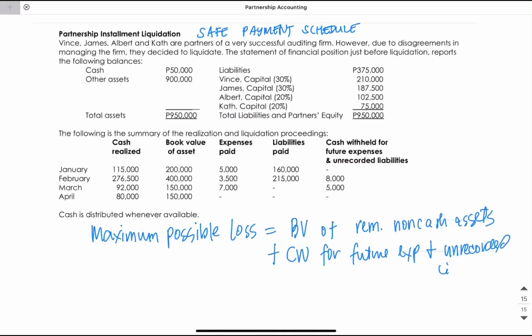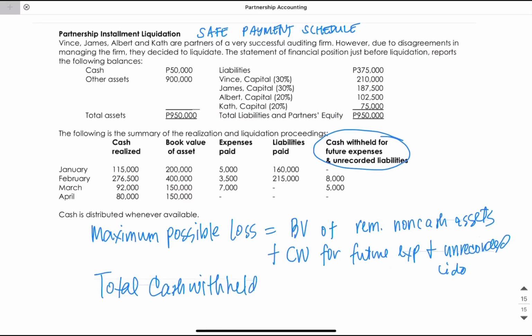Okay, so actually this one, cash withheld for future expenses and unrecorded liabilities. Just be careful because the total cash withheld is not the same as your cash withheld for future liquidation expenses, because it includes both the cash withheld for unpaid liabilities and cash withheld for future liquidation expenses and unrecorded liabilities.